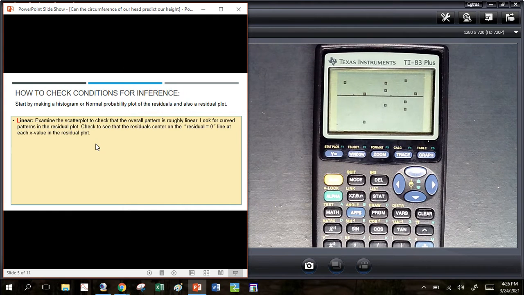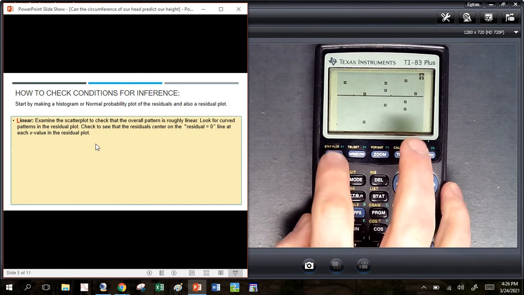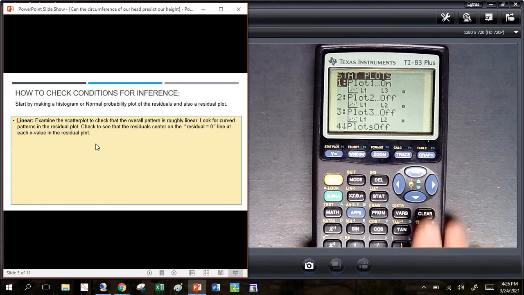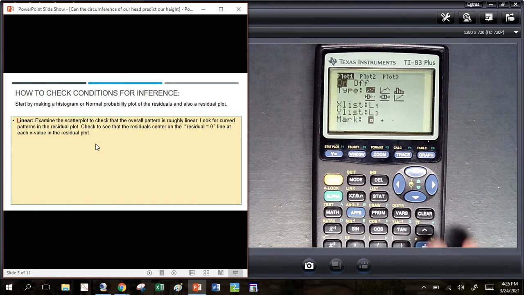So therefore, that's a good indication that we're going to have a linear pattern right here. Now, another thing you could do is what we call a normal probability plot of the residuals. The way to do that is 2nd Y= and then go to the first one again.